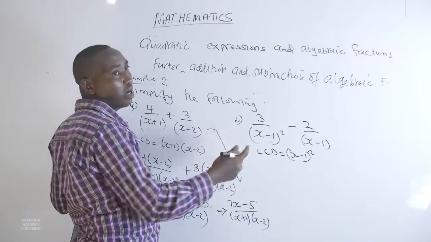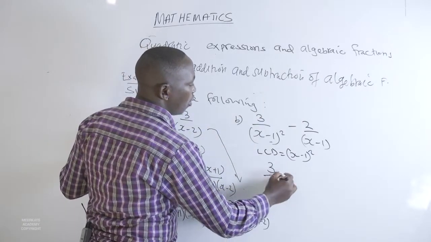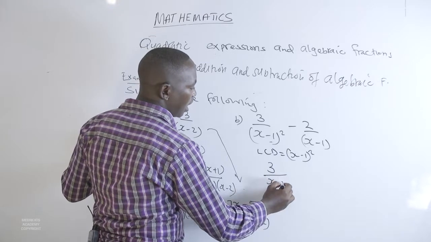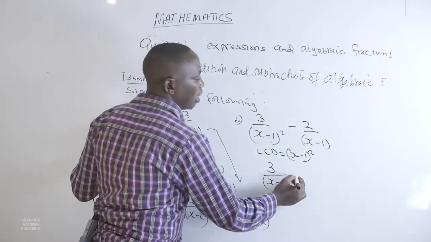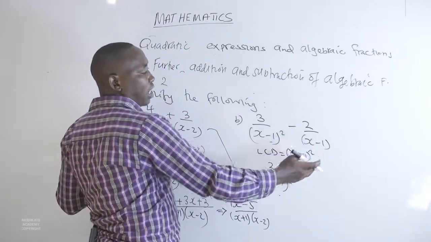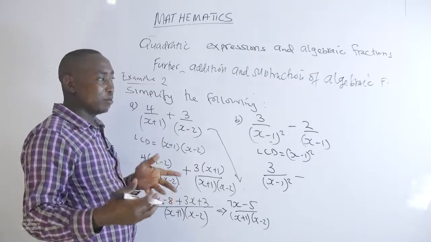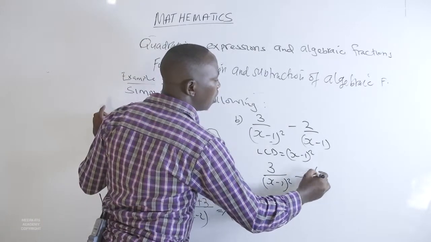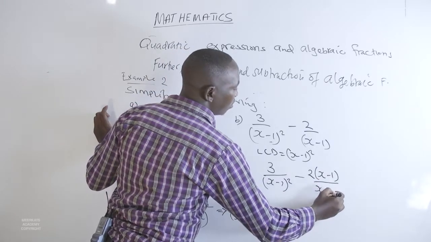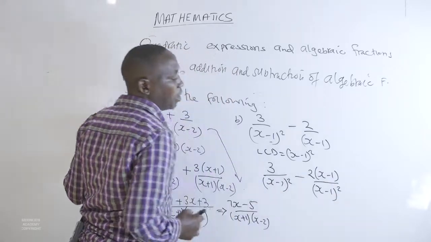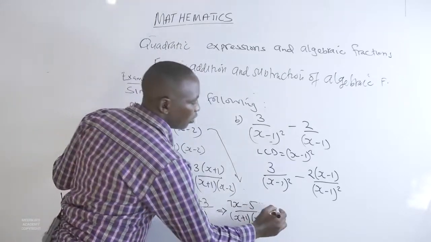So we take that 1, we multiply by 3, and this will give us 3 over the new denominator x minus 1 squared. Subtract. x minus 1 goes into x minus 1 squared, x minus 1 times. So that means we're going to have 2 multiplied by x minus 1 over the new denominator, which is x minus 1 squared. So we now rewrite it.